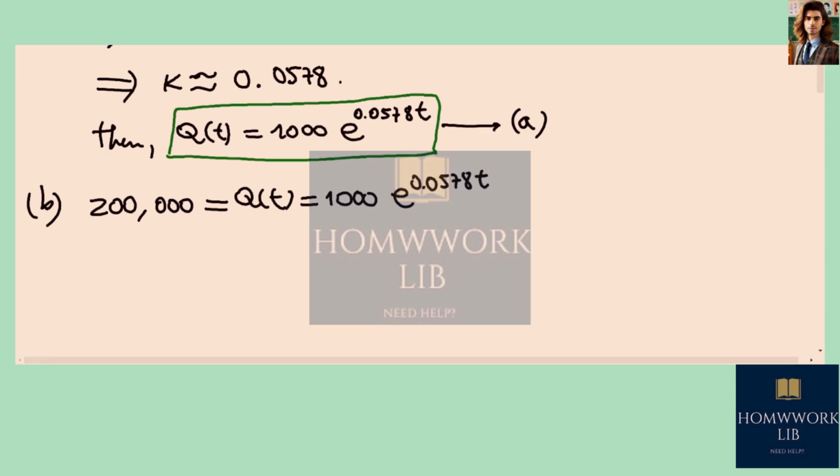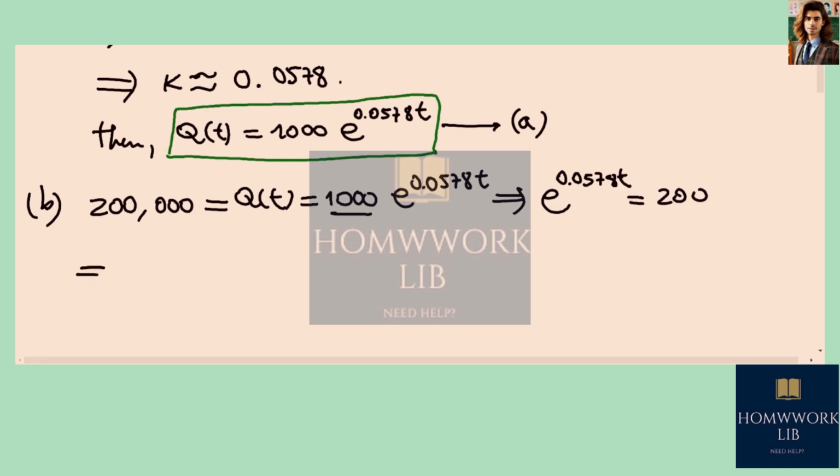We have to find the time. So again, we do that calculation by dividing by 1000, and we get e to the 0.0578 t is equal to 200.